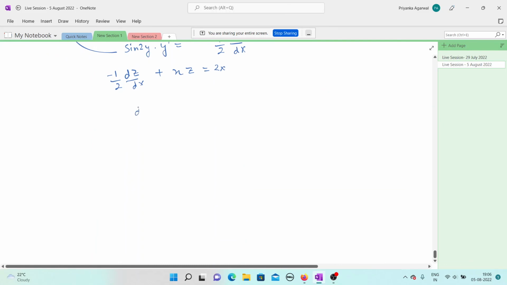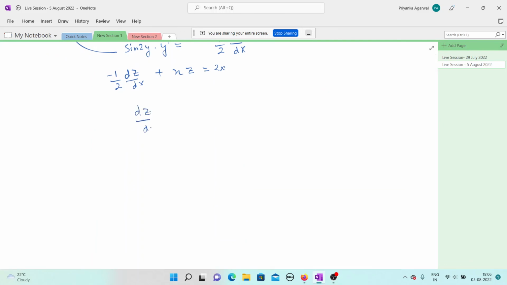So this is dz over dx minus xz minus 2x equals 4x.